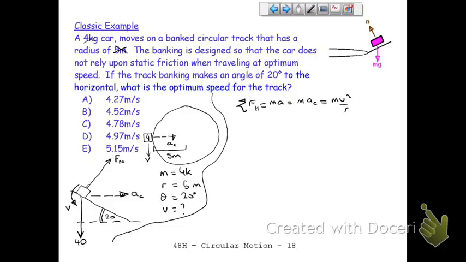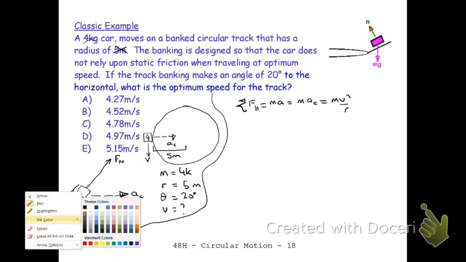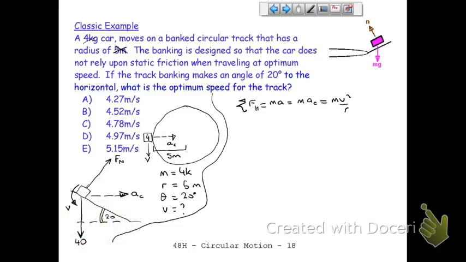I look at my diagram and say, well, there is no force that itself is horizontal, but there is a component of this Fn.